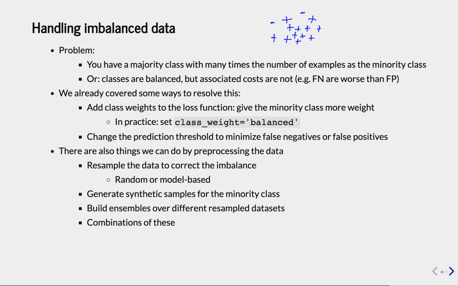Another way this can happen is that your data set is fairly balanced, so there are more or less the same number of points for different classes, but still the negative class is more important to get right, and we still want to increase the weight of these negative points so the model pays more attention to them.